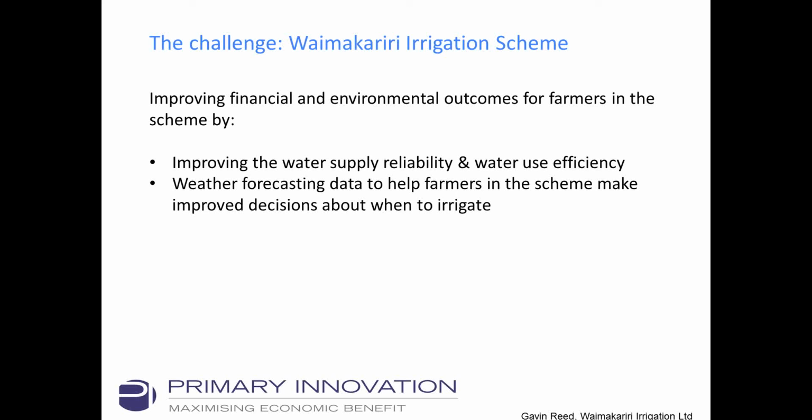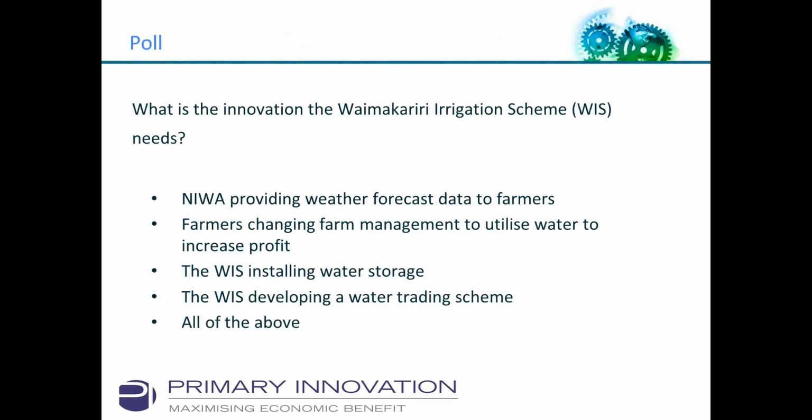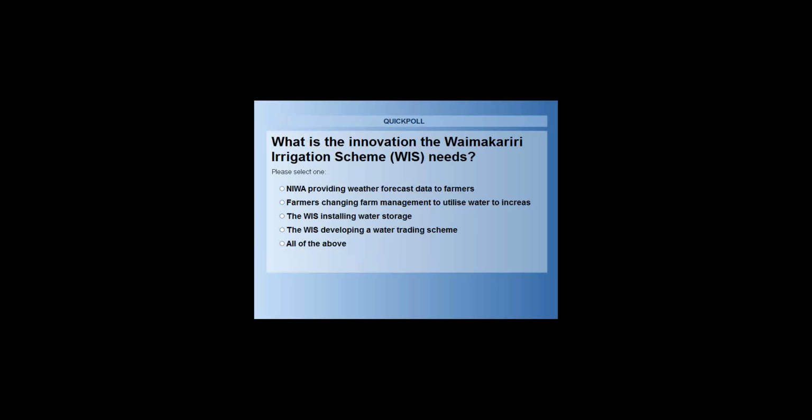So thinking of a big irrigation scheme and the use of weather forecasting data, we're doing another little poll, and I hope this time it goes right when it comes to my screen. So besides, or maybe just weather forecast is enough, but what is the innovation that the Waimakariri Irrigation Scheme actually needs?